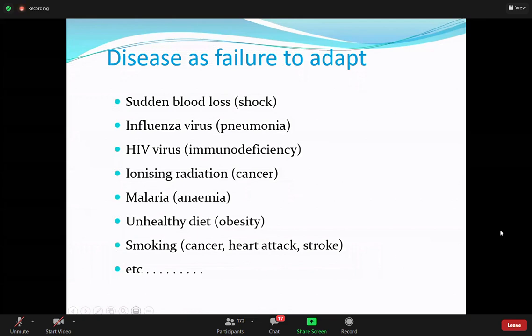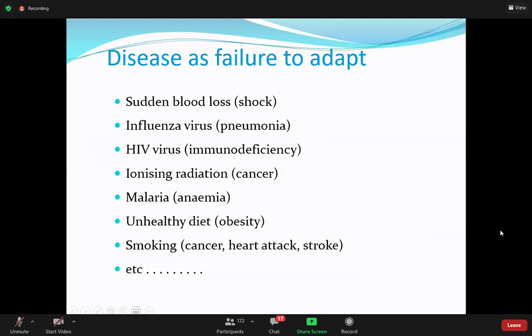Ionizing radiation: you might have gone to the X-ray department for an X-ray chest or abdomen, whatever. It is usually done for your normal tests also. Having one or two X-rays doesn't do anything, but if you had heavy ionizing radiation, that might cause cancer.